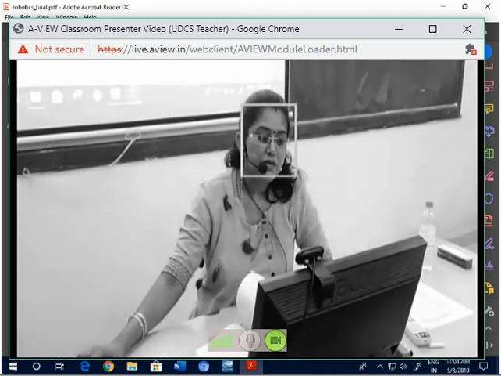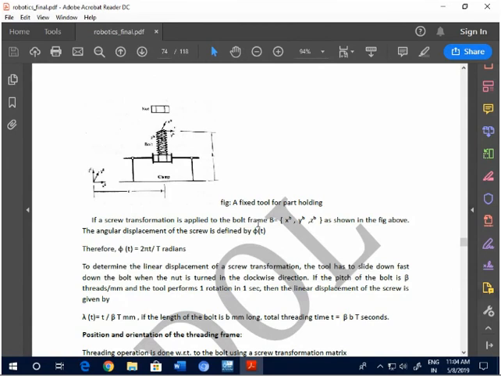If the screw transform is applied to the bolt, B is equal to x raised to b, y raised to b, z raised to b, as given here. The angular displacement of the screw is defined by theta t, where theta t is equal to 2 pi t by T radians. Determine the linear displacement of the screw. The tool has to slide down fast to reach the bolt, and the nut is turned clockwise.